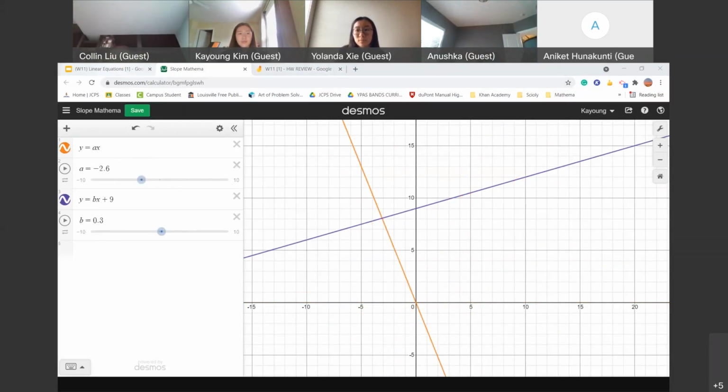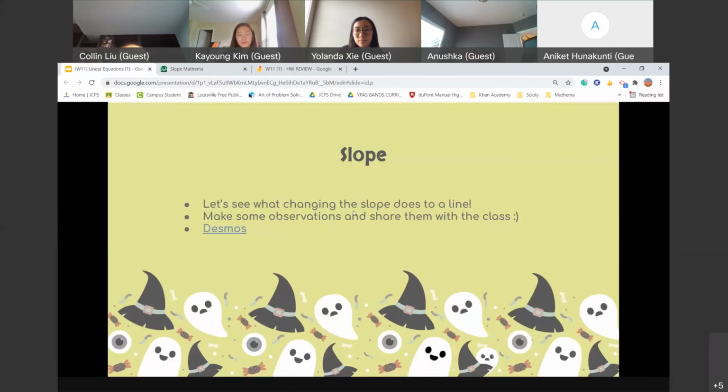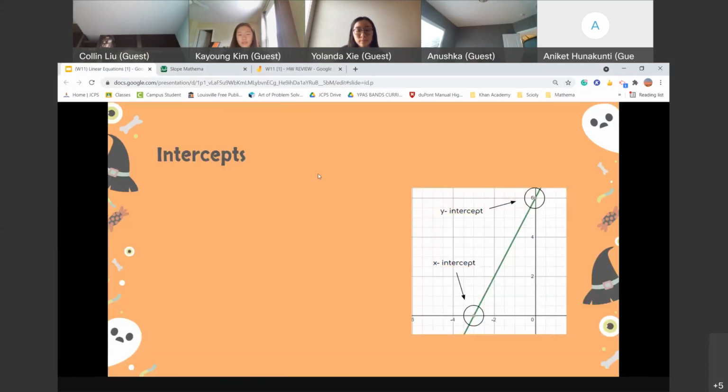Okay, so good observations, guys. Let's move on. The next thing we're going to talk about is intercepts. There's two different types of intercepts that you can see on the right. There's the x-intercept, and that's where the line intersects the x-axis.